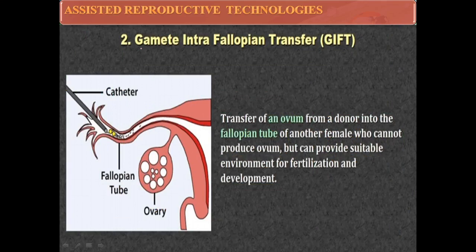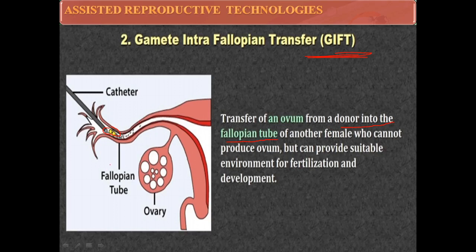Afterward, the second form of ART is the gamete intrafallopian transfer, known as GIFT. What happens in case of GIFT? There is a transfer of ovum from a donor into the fallopian tube.